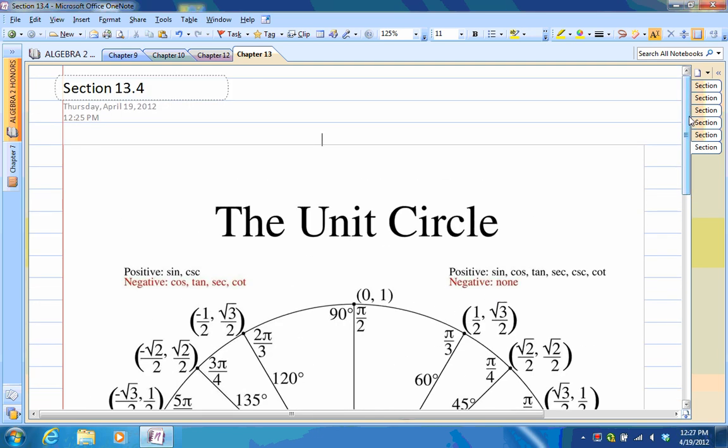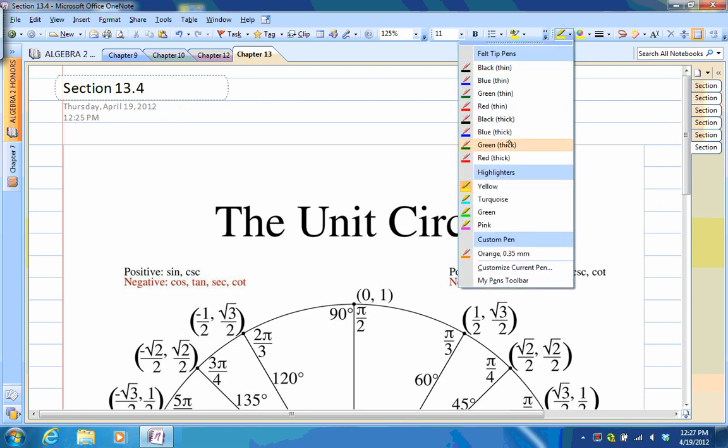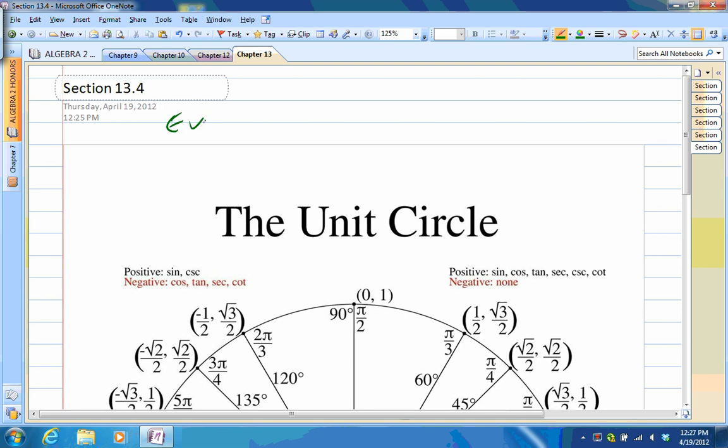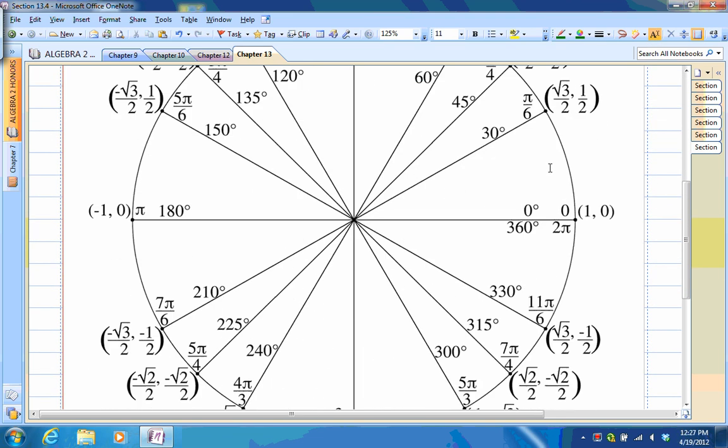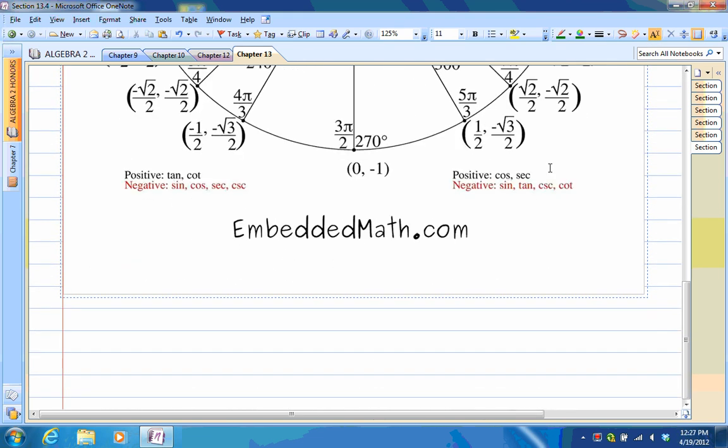13.4 is about evaluating inverse trig functions. Now, I didn't create a worksheet, but you might want to take notes, probably on a separate sheet of paper or a notebook.